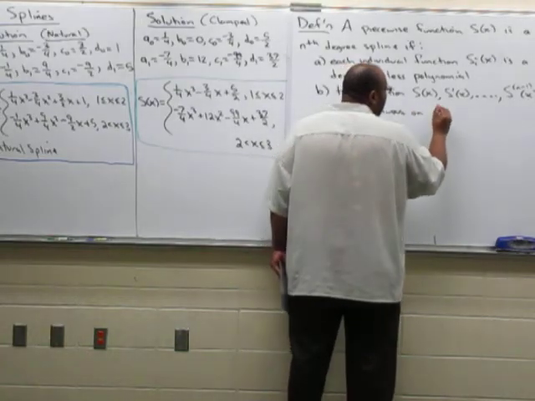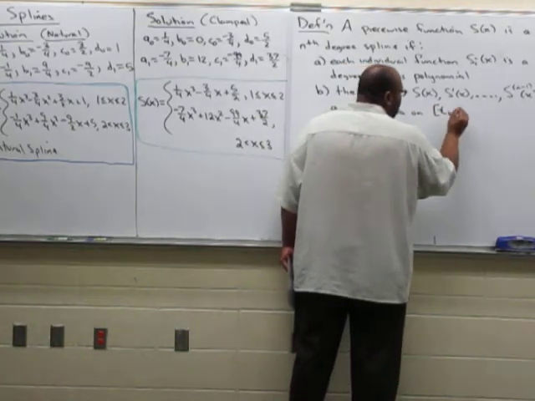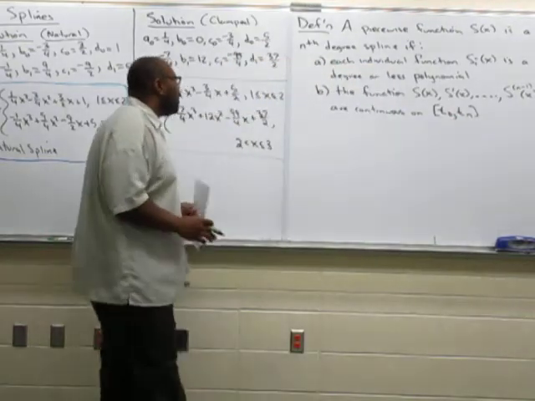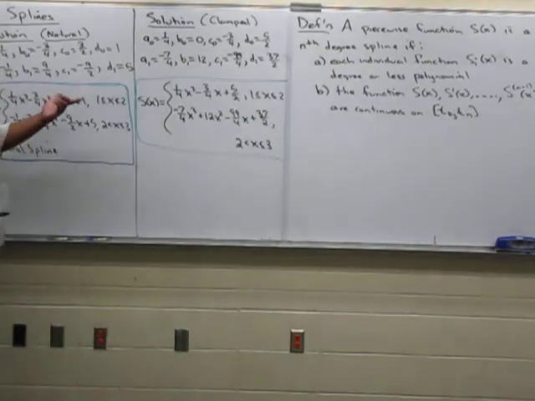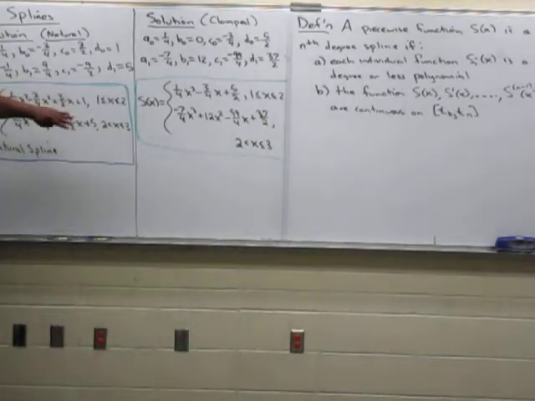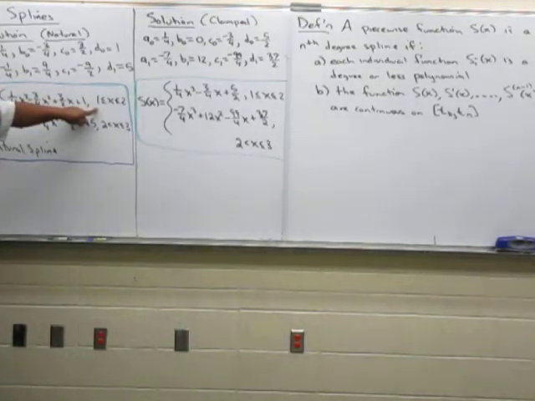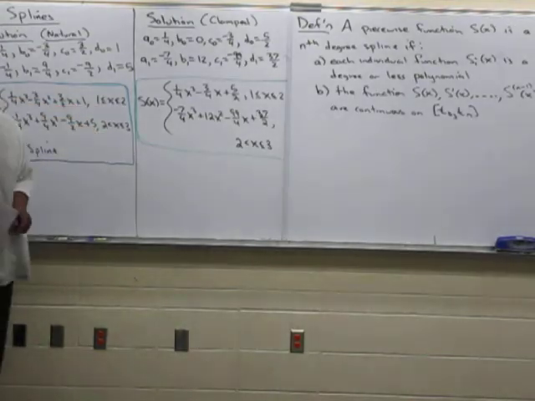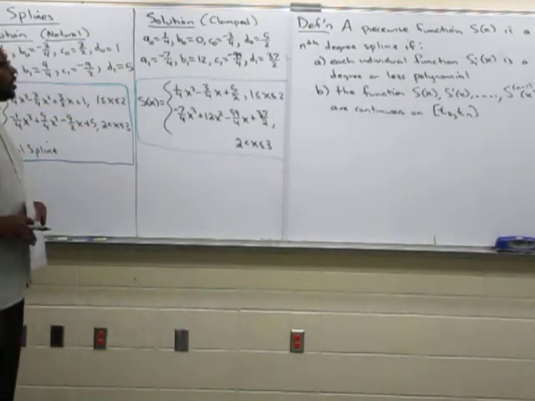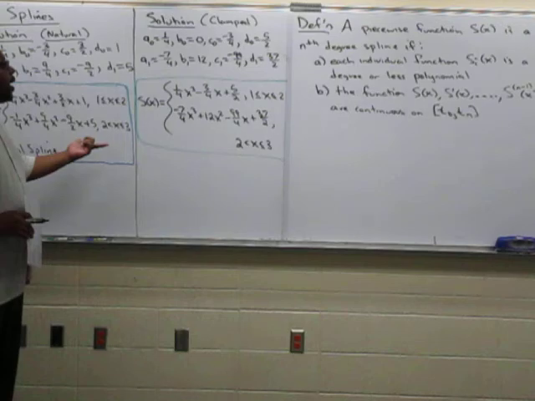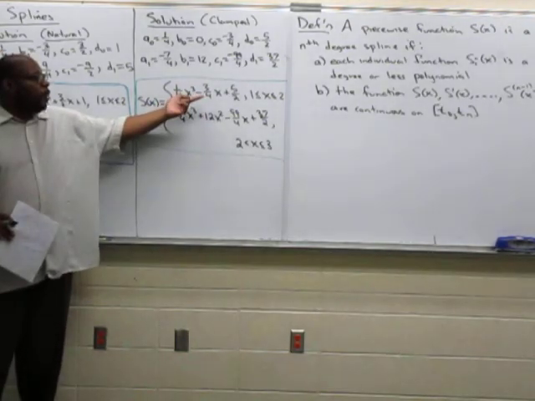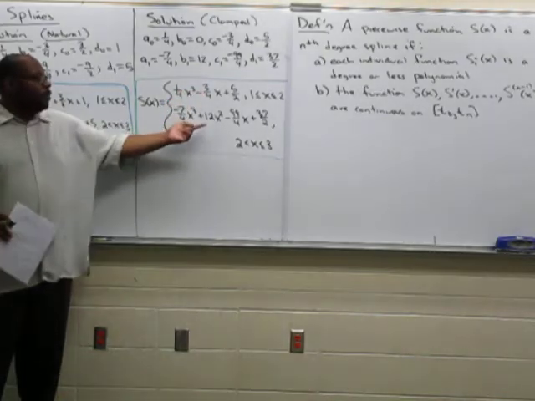On the interval from t naught to t sub n, right? So this is my endpoints of my function. In our case, our t naught in our last example was 1, that's our first point, and our t sub n, our last point, was 3. So if this is a cubic polynomial, each individual function has to be a polynomial of degree 3 or less, which this one is.